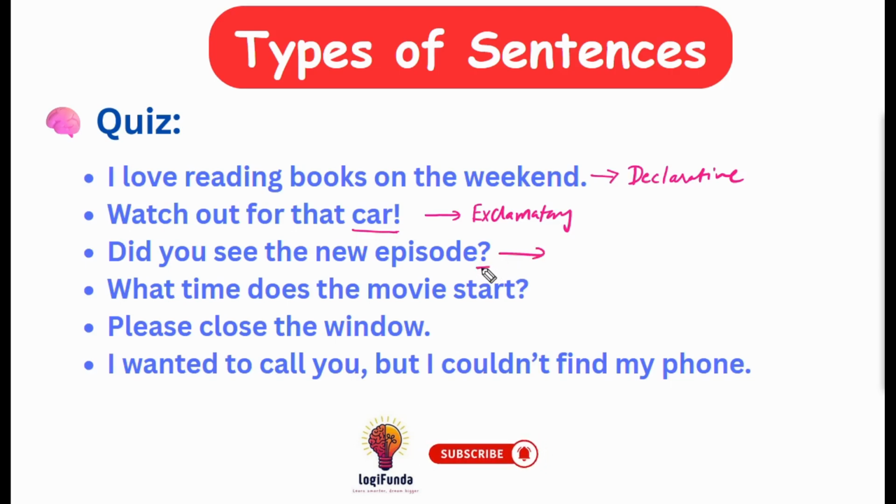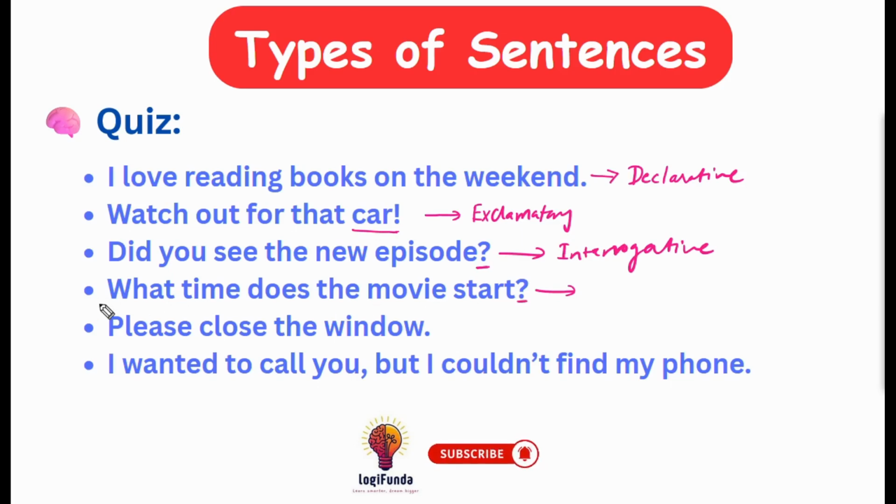Third one we have, did you see the new episode? And then we have a question mark at the end of the sentence. So when we have a question mark at the end of the sentence, and you ask a question, what type of sentence is this? This is an interrogative sentence, right? Next one we have, what time does the movie start? Right?